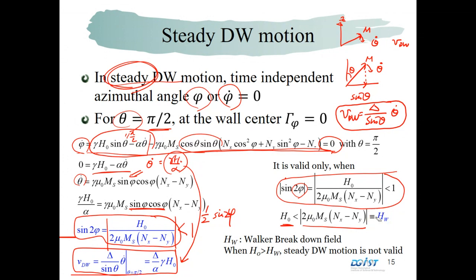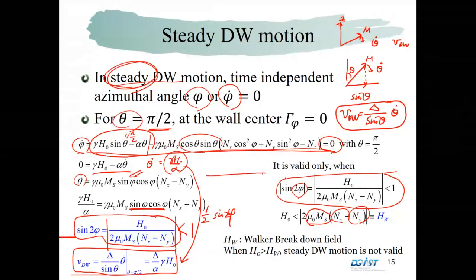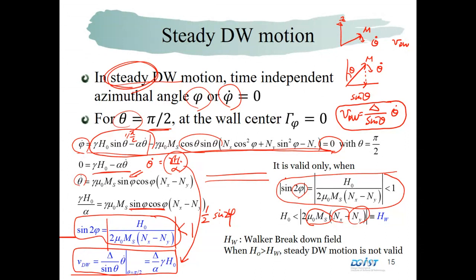And how big can it be? Actually, this term gives us order of 1 Tesla. For a typical ferromagnetic material, mu0 Ms is order of 1 Tesla. But Nx and Ny are generally very small. In films, Nx and Ny are almost 0. And in a wire, we are actually playing with wires for the domain wall devices.